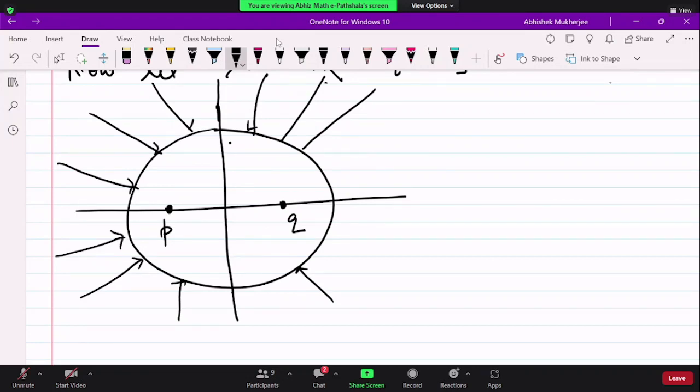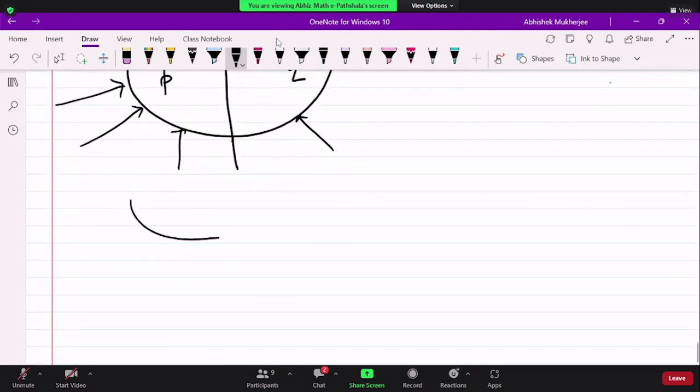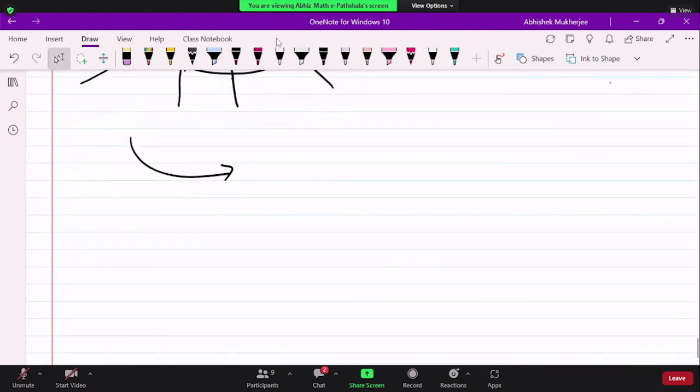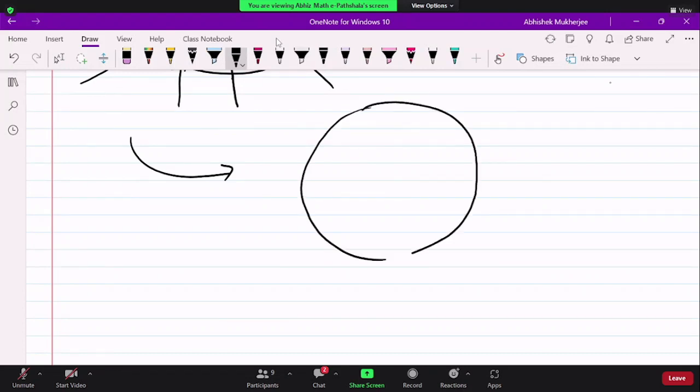So that means it gives you a resulting space, which is going to be something like this, that is this circle and 2 points, right?